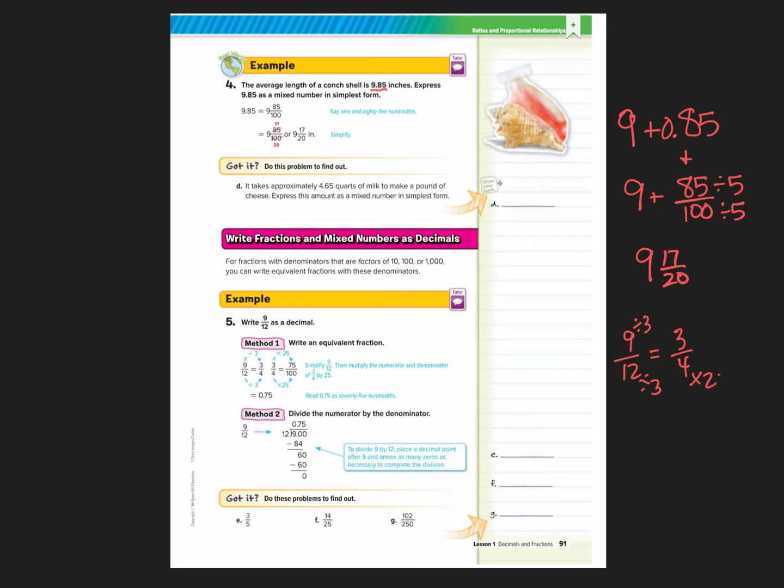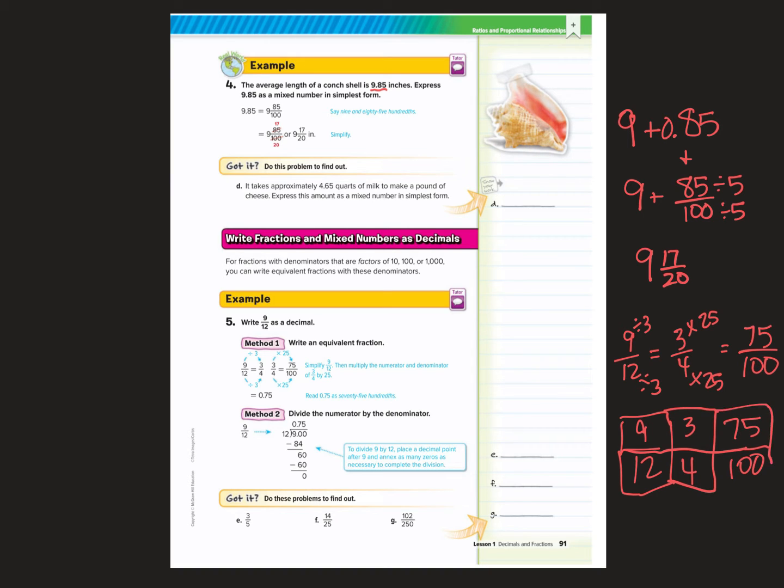If I multiply by 25, I get 75 hundredths. This is exactly what we did in the last chapter. We had 9 twelfths, we had the boxes, and we had to find equivalent ratios. This is the same thing, just now we use it with fractions.